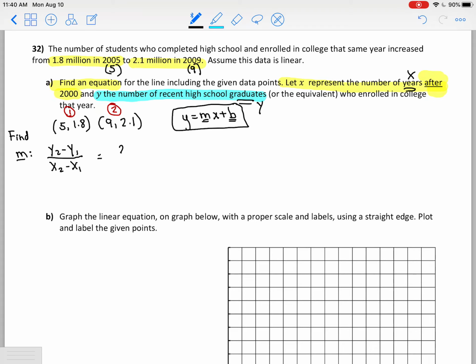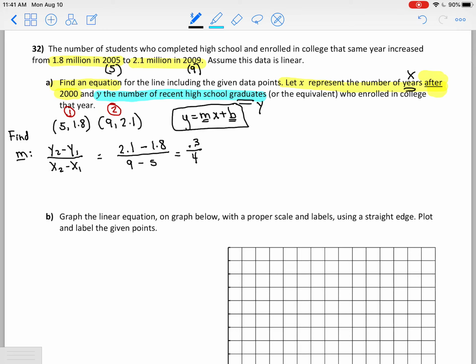All right, so I'm going to start with my second y coordinate, which is 2.1, and I'm going to subtract from that my first y coordinate, which is 1.8. Since I started with the second y, I have to start with the second x value. Okay, and this is going to give me 0.3 over 4.